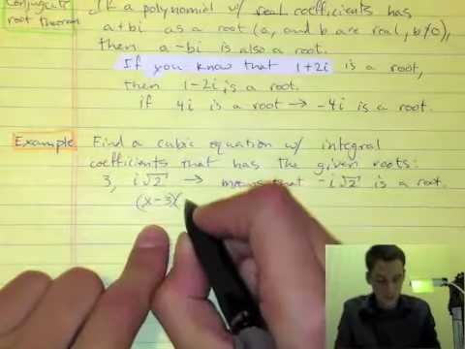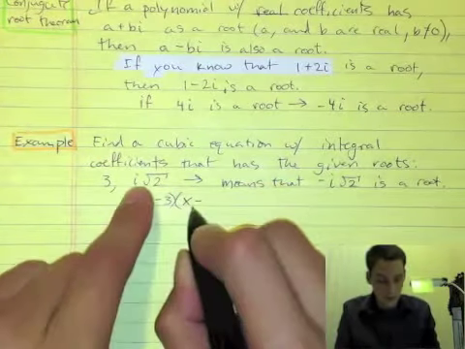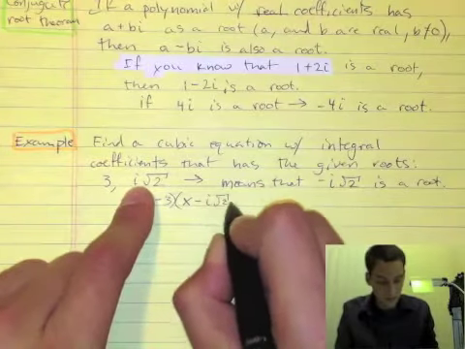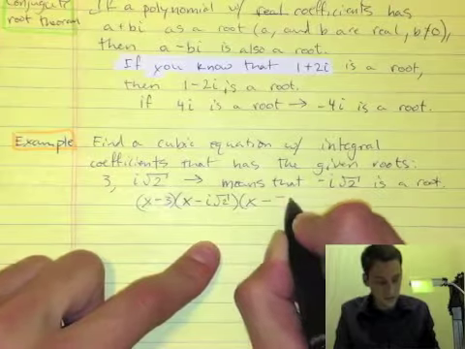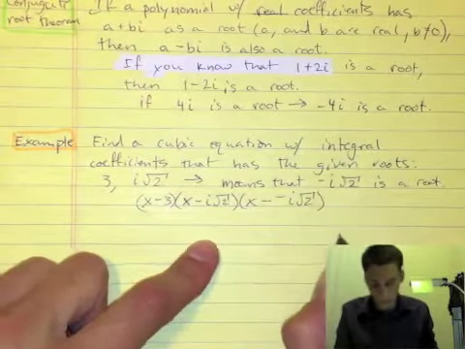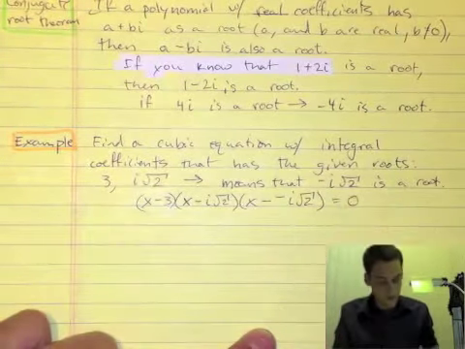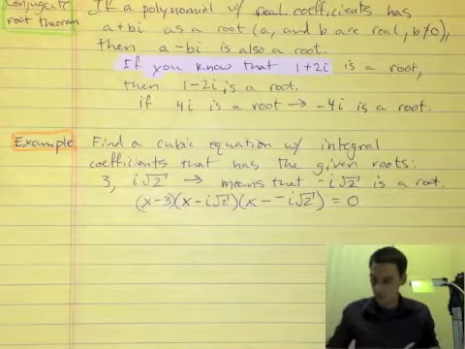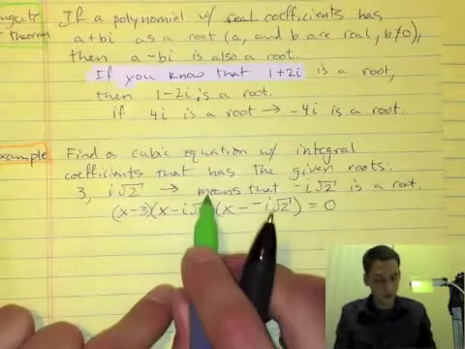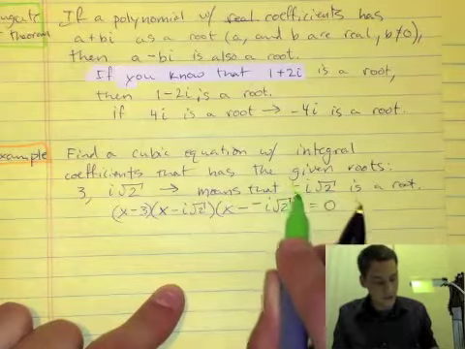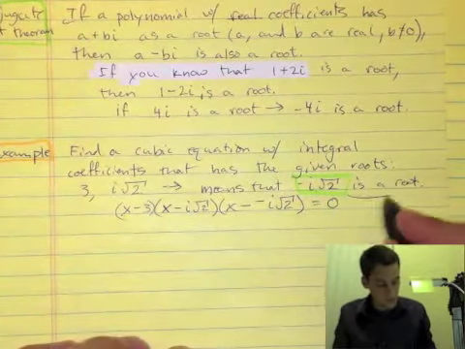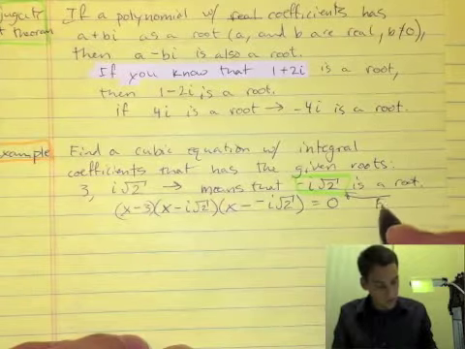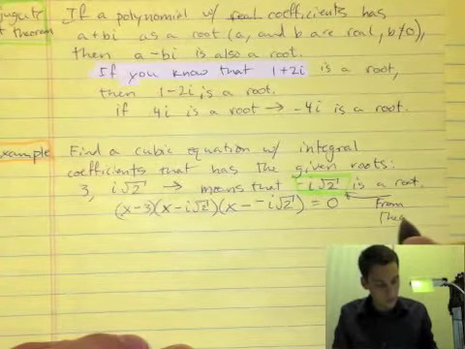So x minus 3 times x minus i root 2 times x minus negative i root 2 equals 0. And then we just solve from there. One thing I want to point out is this part came from the theorem.